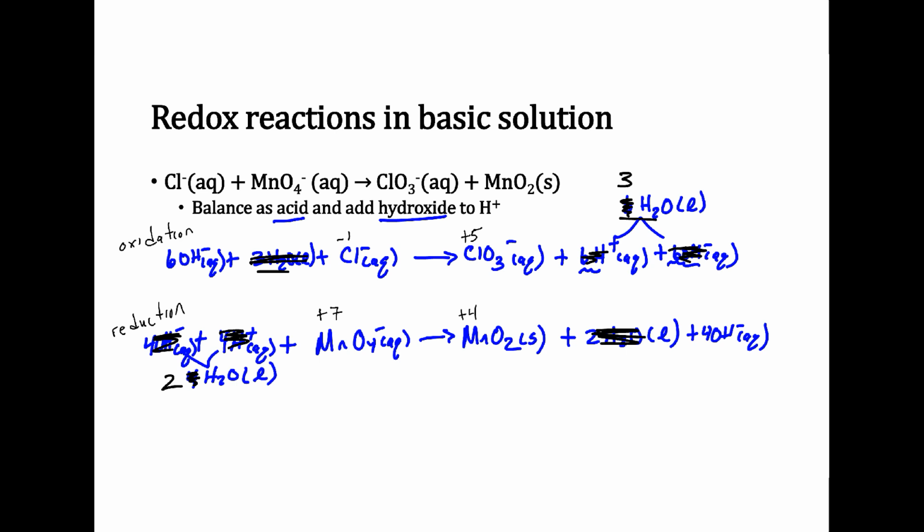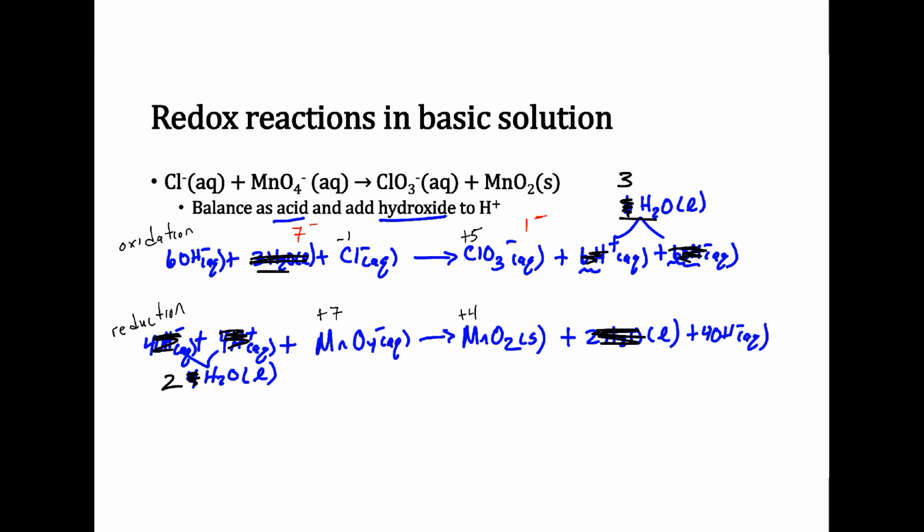Alright, so what we need to do is think about what's the total charge on both sides here. And so then we can figure out how many electrons to add. And then after that, we'll be able to combine the electrons. So as we look at this, we can see that we have a total of 7- in the reactants for this first reaction. And we have a total of 1- in the products.